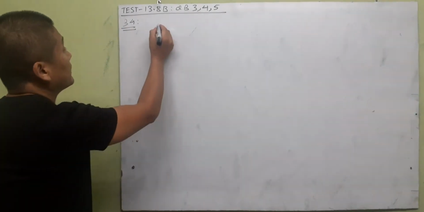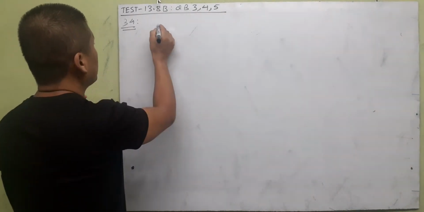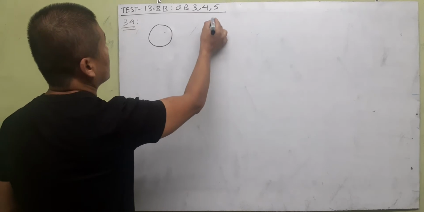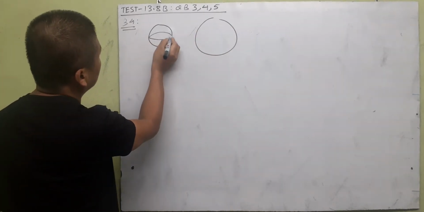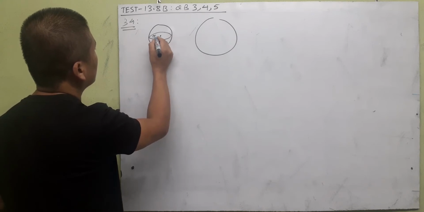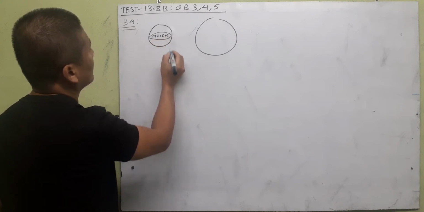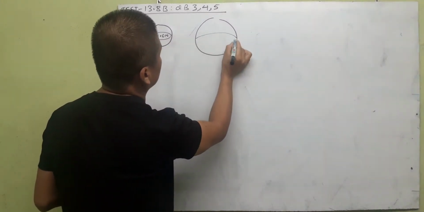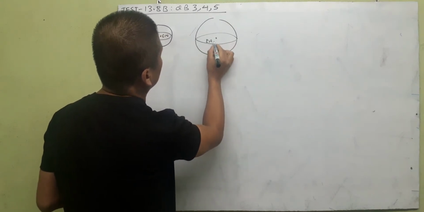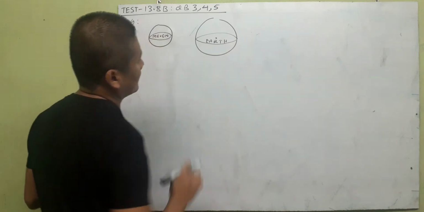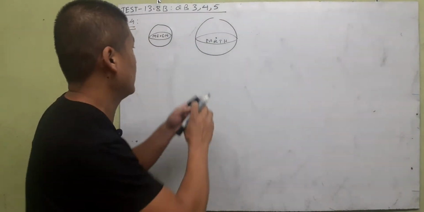So obviously the moon is smaller than the earth. We know this from our science or geography also. So this sphere represents the moon, and then this sphere represents, let's say, the earth. Okay, so let us imagine like that.